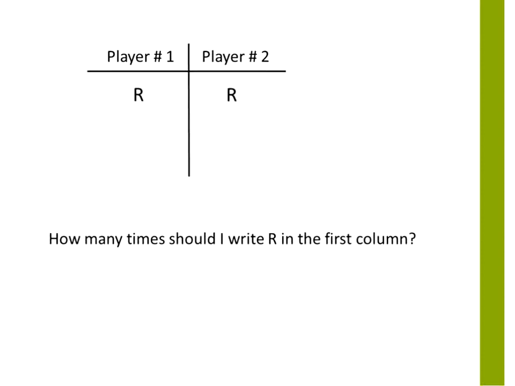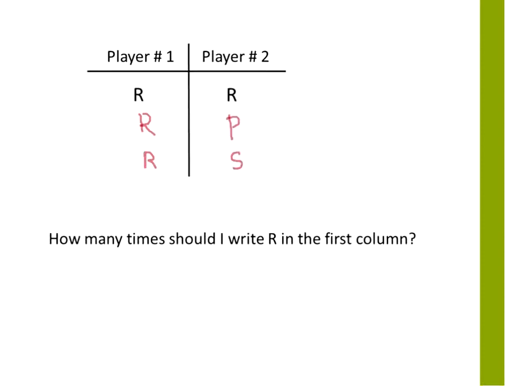If I'm trying to list all possibilities, does someone want to type in an answer there? 3, yeah, thank you, Ashley. So it would be 3. And that's because you'd write rock 3 times because there are 3 outcomes. So then there are 3 things the second player could do. So they could do rock, paper, or rock, scissors.